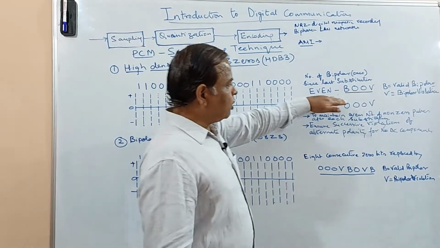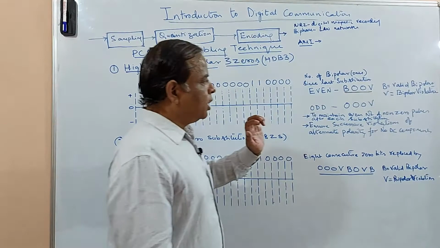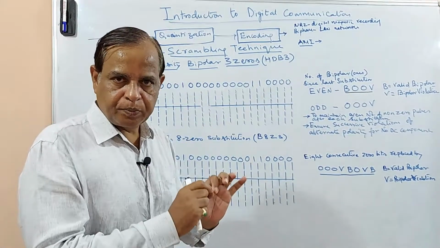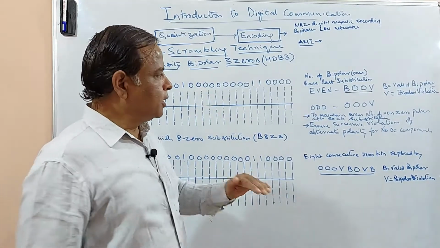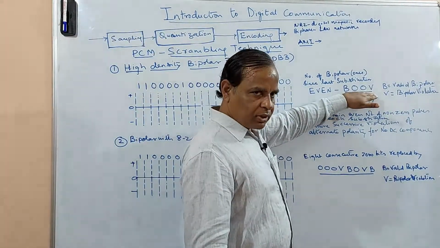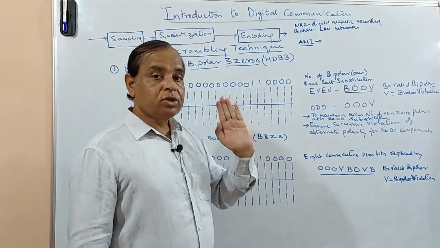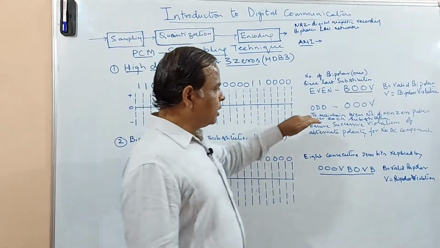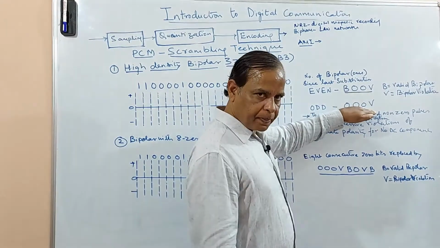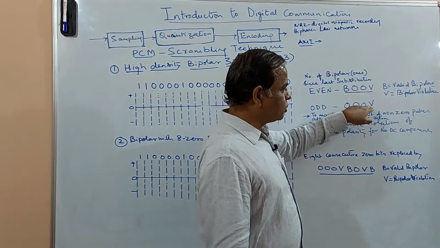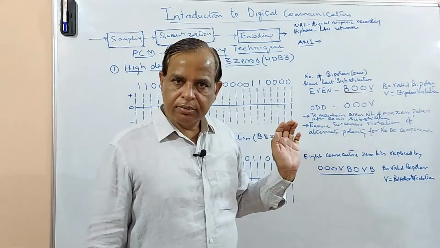So when you are replacing with this particular code from the last substitution, if the number of ones is even, then the 4 zeros are replaced with this. Now if it is odd, it should be replaced with this. That is, all the 4 zeros will be replaced with 3 zeros followed by a violation.